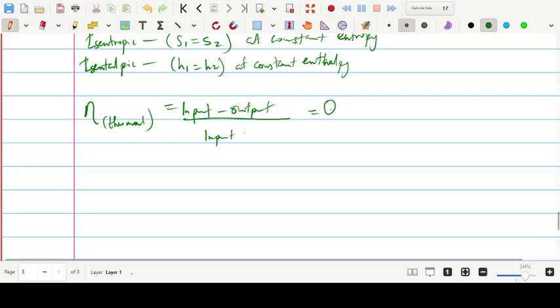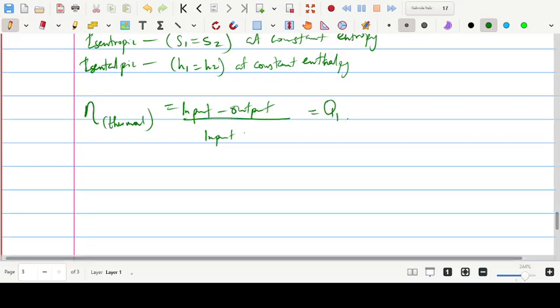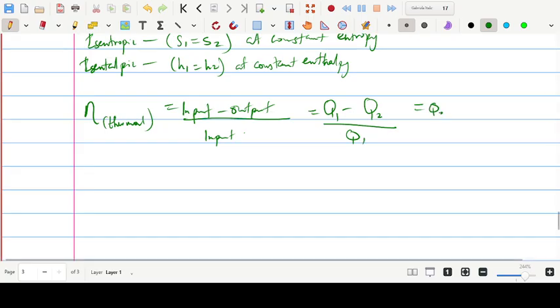Your input is Q. You apply Q1, then your output is Q2. So efficiency is Q1 minus Q2 over Q1. If I split this, that's Q1 over Q1 minus Q2 over Q1. Then thermal efficiency is equal to 1 minus Q2 over Q1.